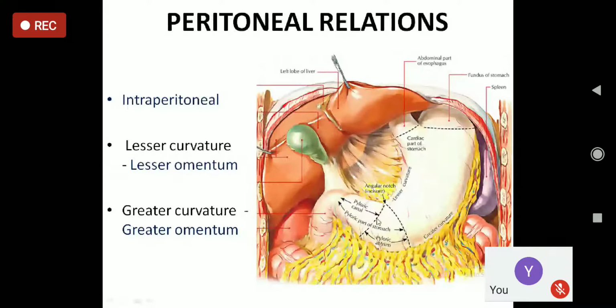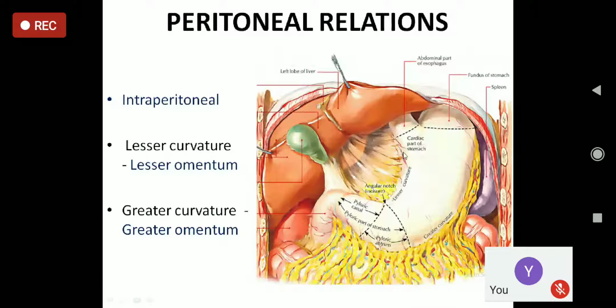This diagram clearly shows the stomach, which actually is an intraperitoneal structure. Both the anterior superior and posterior inferior surfaces of the stomach are covered by peritoneum. Two layers of peritoneum cover the two surfaces of the stomach, and they get reflected from the lesser curvature towards the liver, forming the lesser omentum.